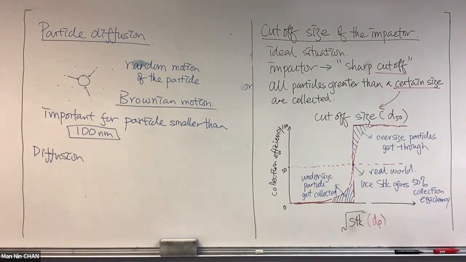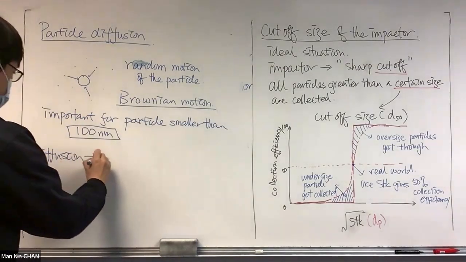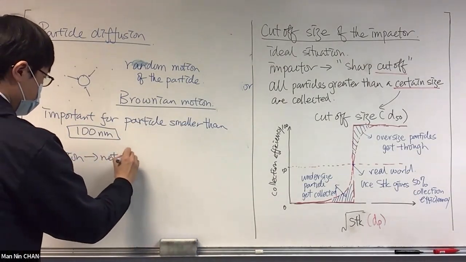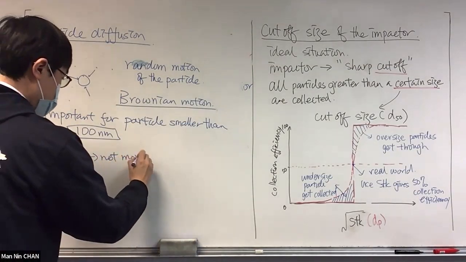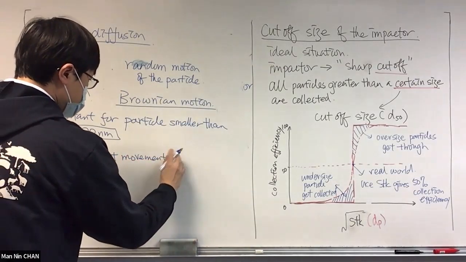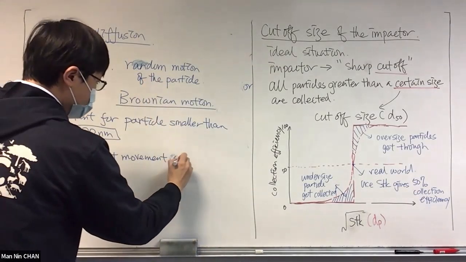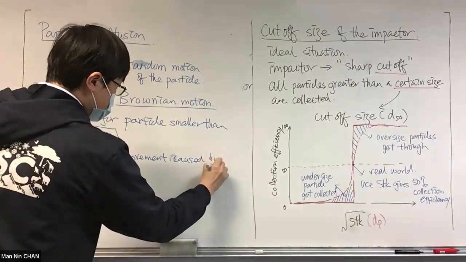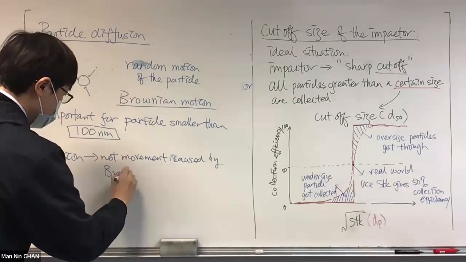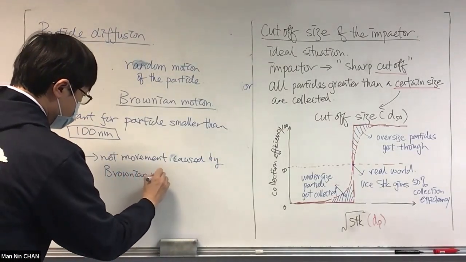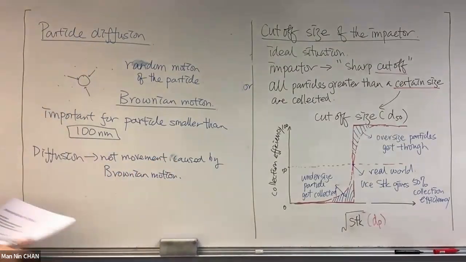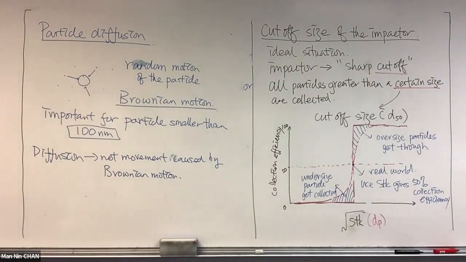Basically, diffusion means the net movement caused by the Brownian motion. So this is the meaning of Brownian motion and diffusion.